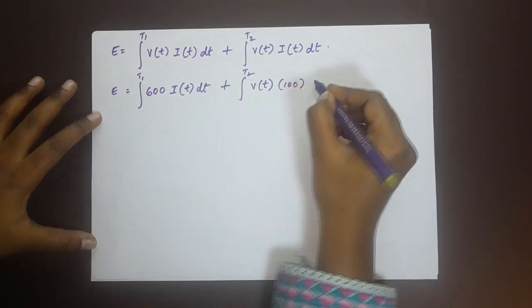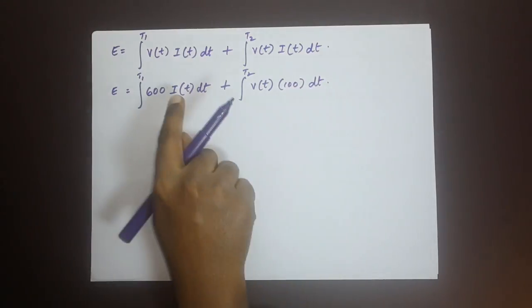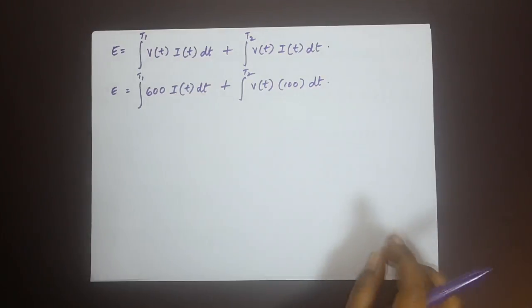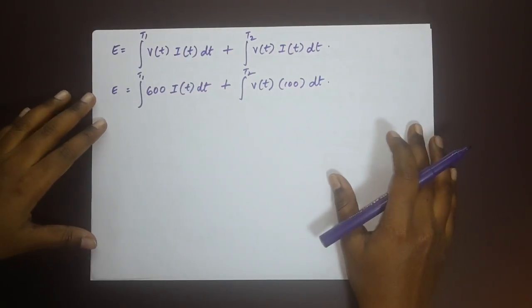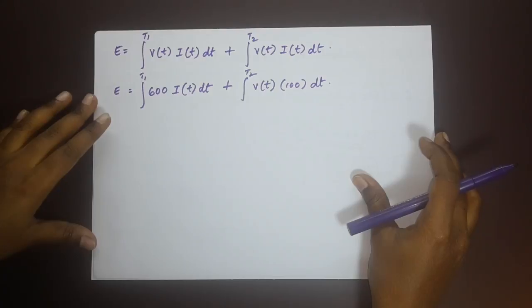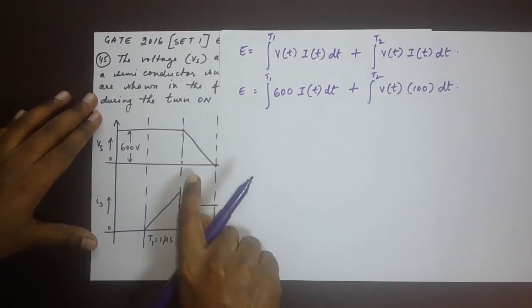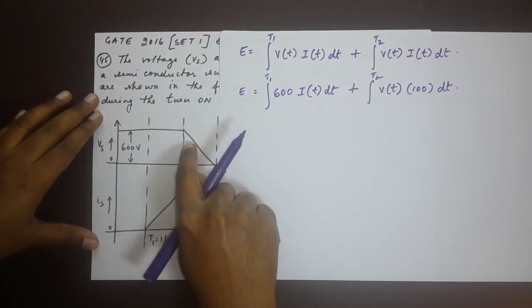This is 100 dt. Now the next step is to figure out what to plug in for I of t and V of t. Since this is integration, I'm sure you're quite familiar with the fact that we can find out the integral by calculating the area under the curve.